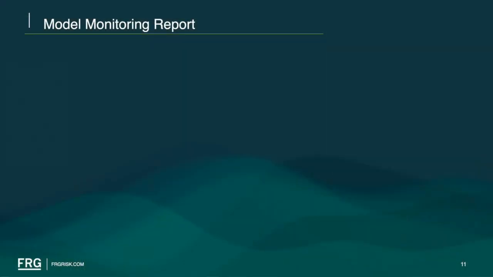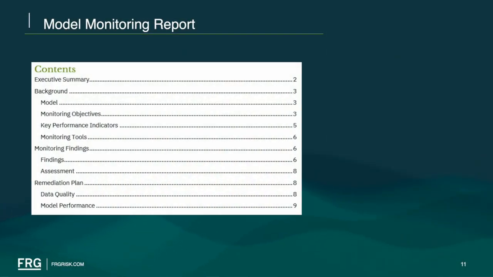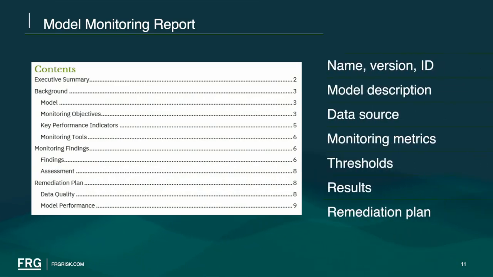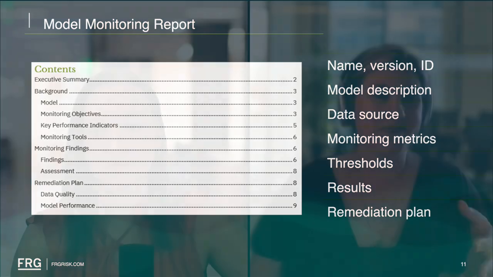A report can contain model information like the model name, ID, version, etc., a description of the model, information about the data source, a description of model metrics, the thresholds used for those metrics, the model monitoring results, of course, and information about the remediation steps to take in the event of issues with the model. Ideally, you'd want this report to be automated so that it can be generated and delivered to recipients after the model monitoring process is executed.